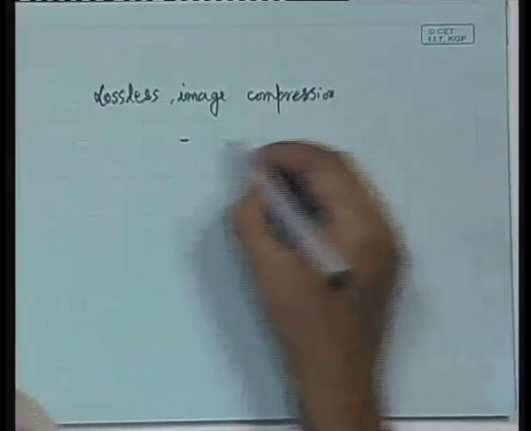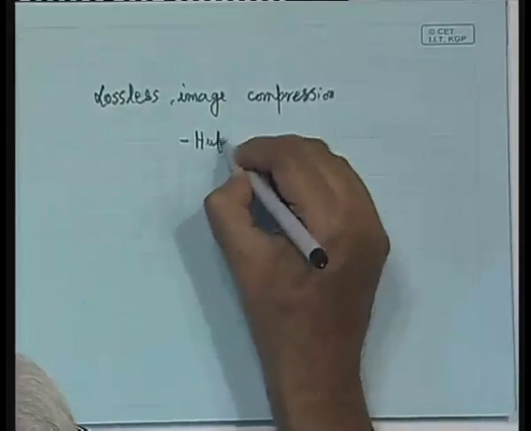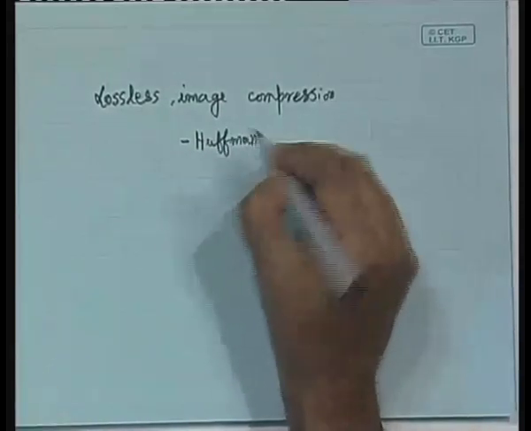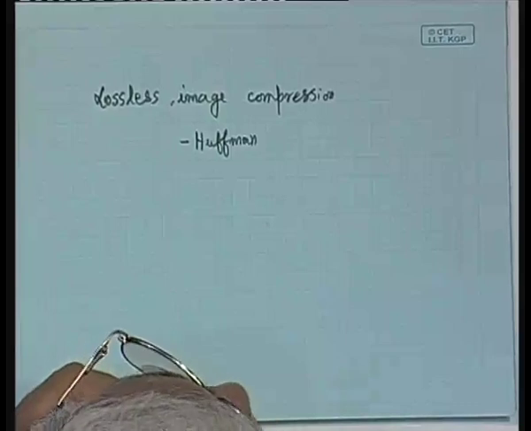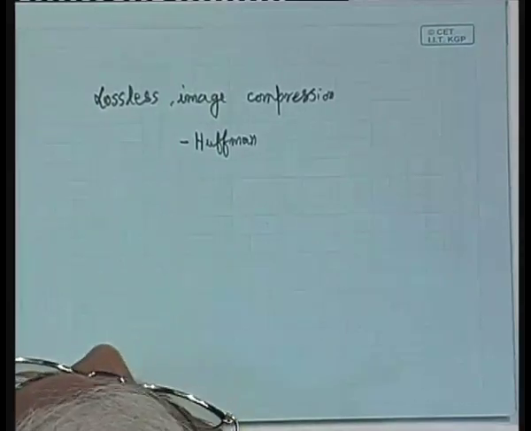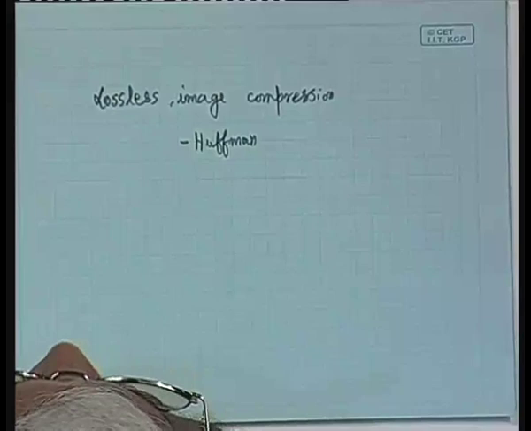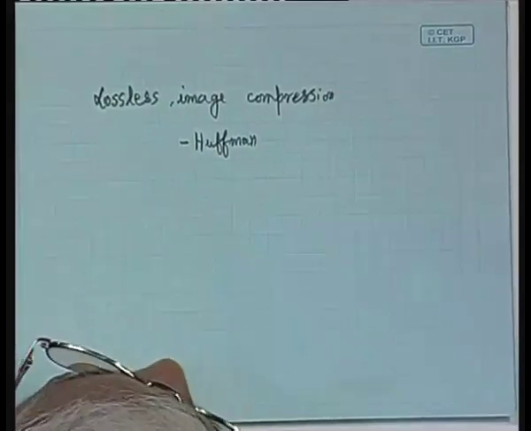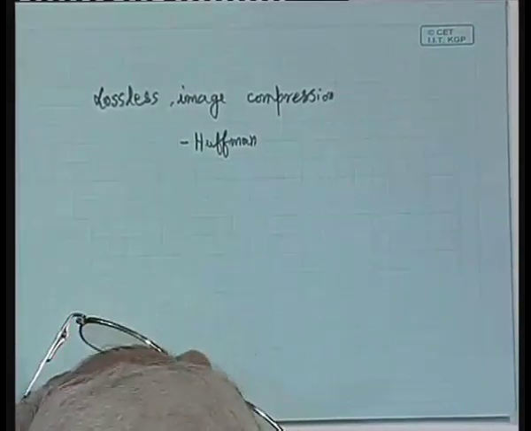And what are those? There is the Huffman coding technique, which most of you must be knowing, right, because what does Huffman coding do? It prepares a table of coded values based on the probability of occurrence of the individual symbols, okay.